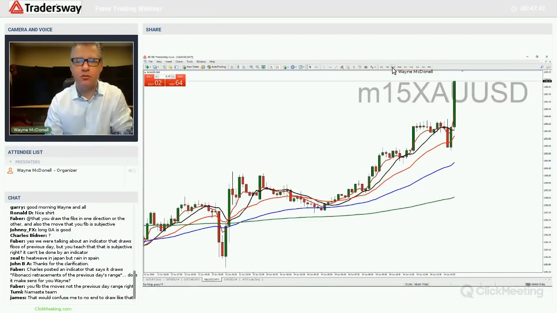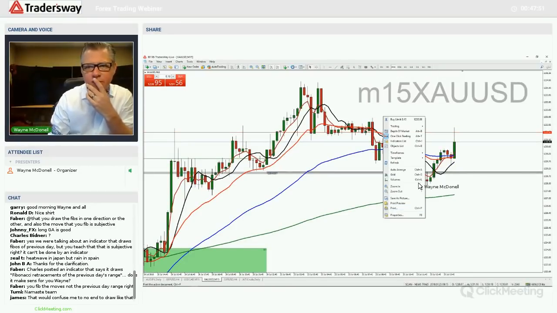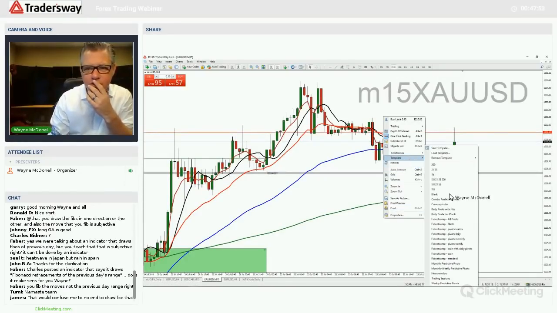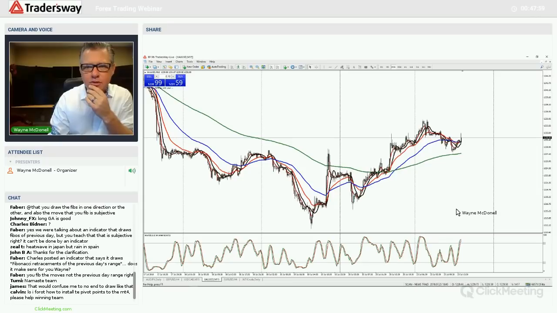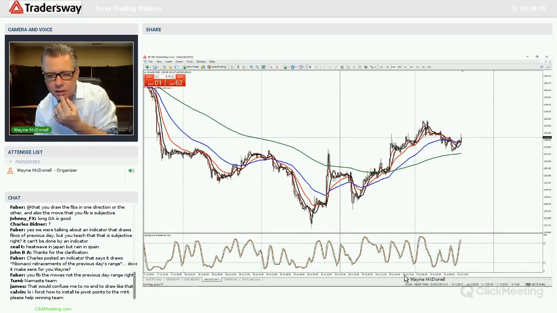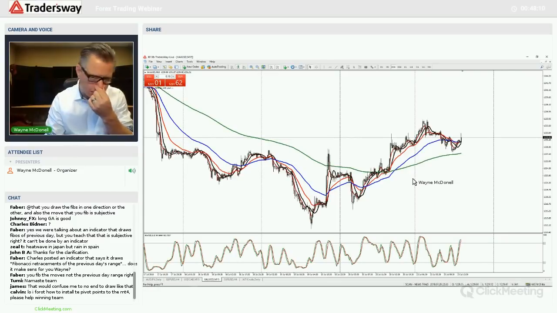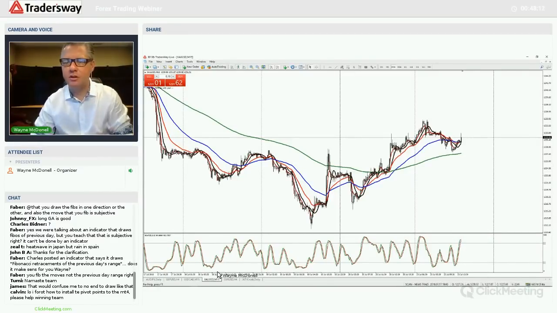Put this in a smaller time. Maybe it'll be helpful to flip this over to daily pivots too. So I'm going to do this. Daily pivots with fibs. Okay, so it doesn't have the indicator anymore, but let's go with this, okay?